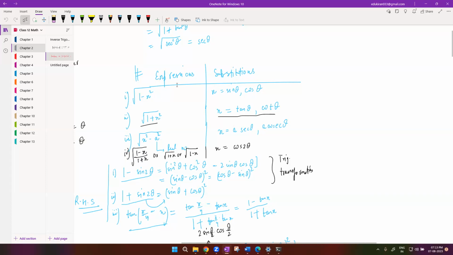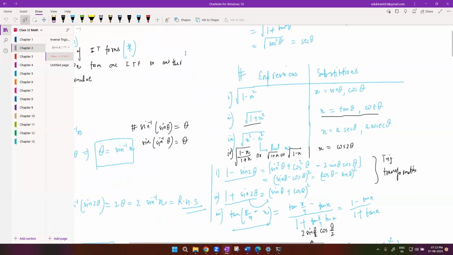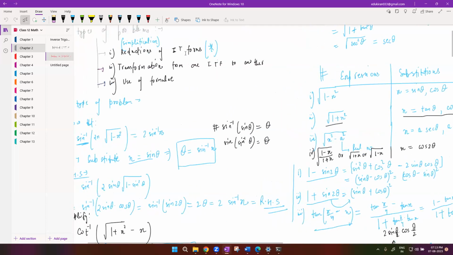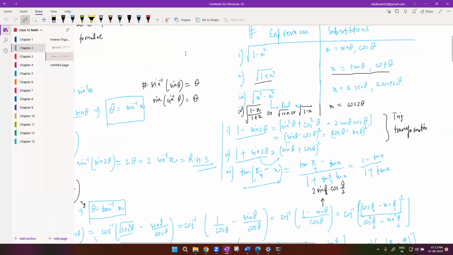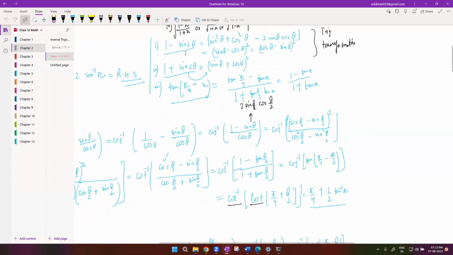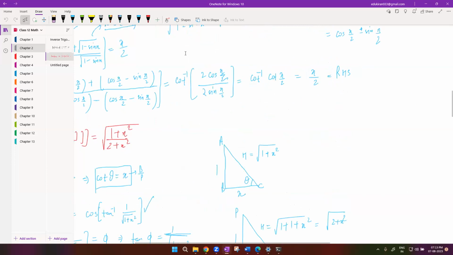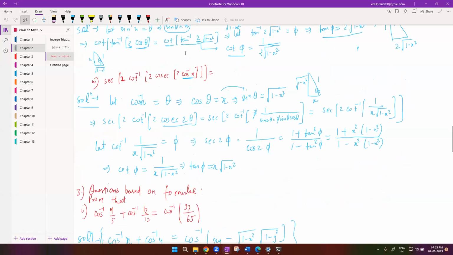And similarly, we also need to remember some formulae, and the formulae are for sine 2 theta, cos 2 theta, tan 2 theta. We must have discussed the formula for them.